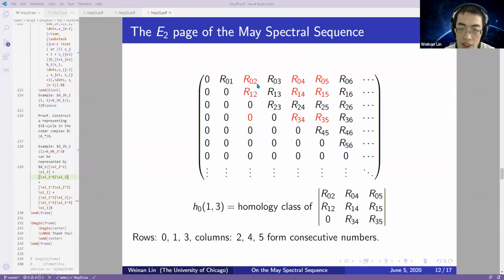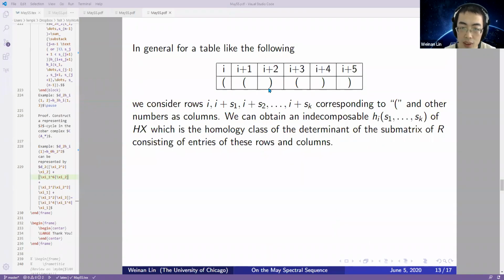If the indices of the columns are too small, then this matrix will end up with a lot of zeros in it, so eventually you'll get a trivial determinant. So that's why we need that to be a valid parentheses expression.